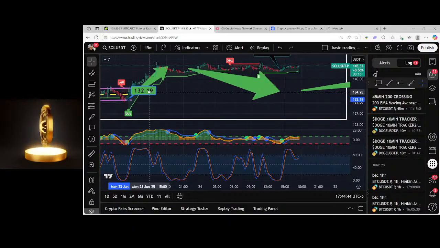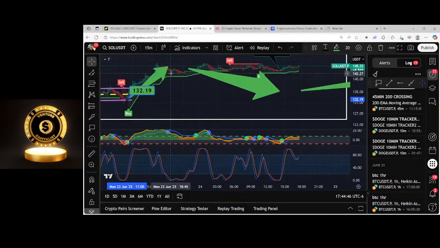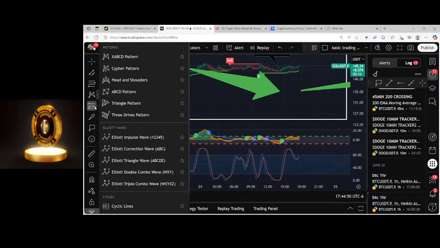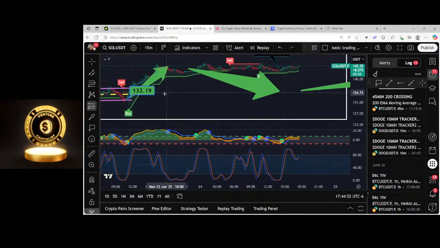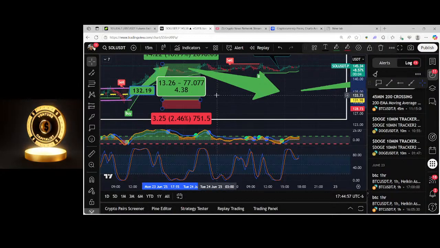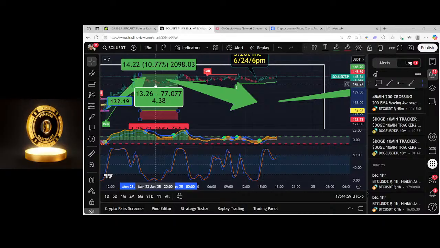You can see it hits it perfectly at 131, and then boom, you're off and running. And that is exactly how you do the trade, and it worked perfectly on Solana, which would have grossed you a 10% move at a 40x. That's 400%. So if you had $1,000, you just made $4,000.